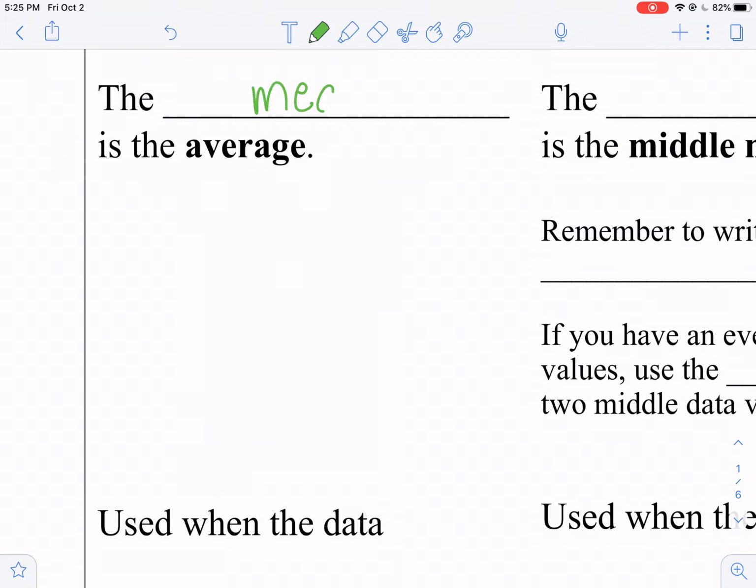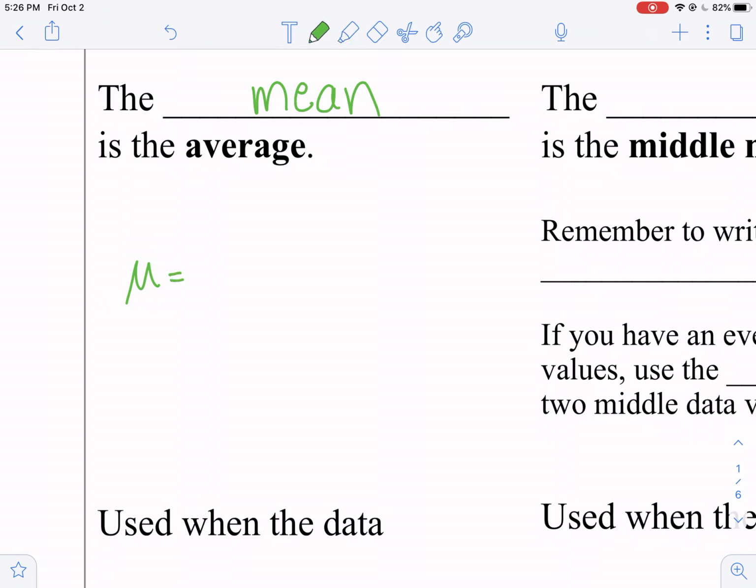Ta-da, mean. And you calculate the mean by, we use this letter μ, and by that I mean mu. It's a Greek letter, but it's the Greek M. Here you go.